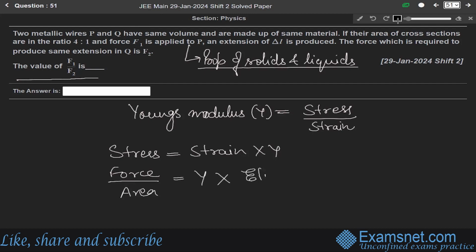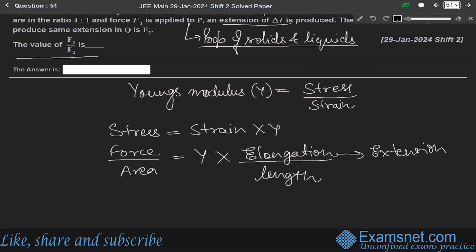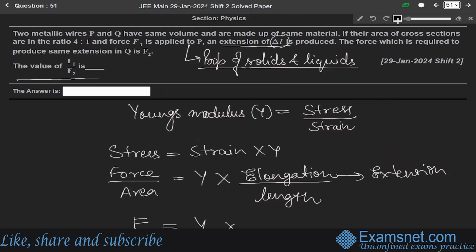Strain is elongation over original length. Elongation means extension. Extension over length. Now force over area, F over A, is equal to Young's modulus Y into elongation, extension delta L, over the original length L.